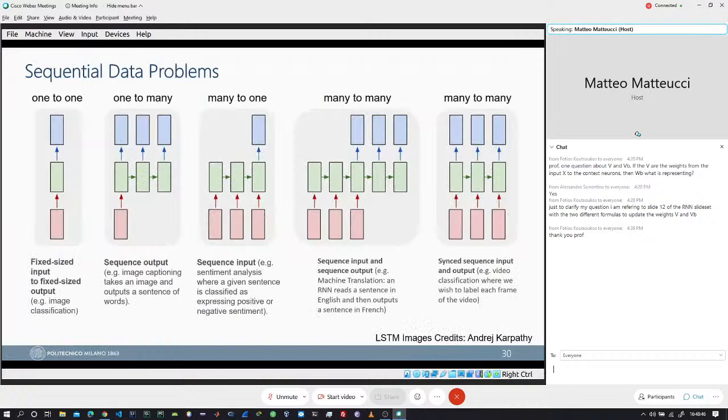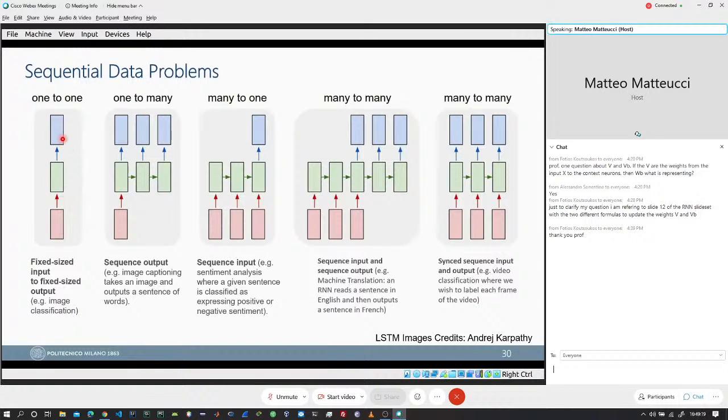I left you last time with this plot. This plot represents the different architectures you could build with a recurrent neural network. The first one that you see here has some input, some hidden state, let's call it a hidden representation, and then you have an output which is based on the hidden representation.